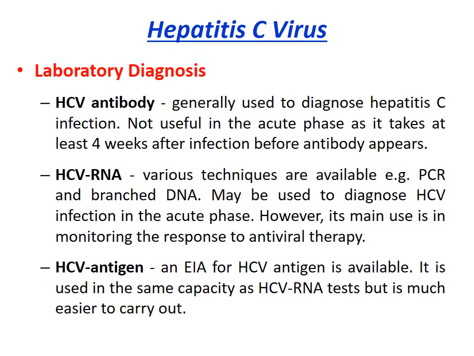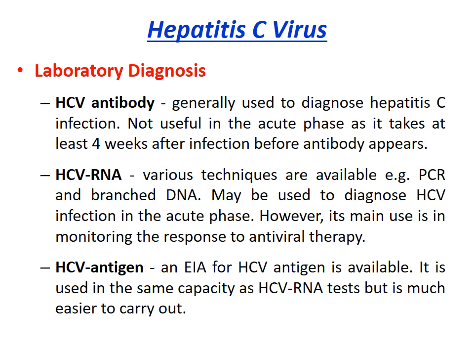Laboratory diagnosis. HCV antibodies are generally used to diagnose hepatitis C infection, but they are not useful in the acute phase as they take about 4 weeks to appear. That's why we can't use them for the acute phase. HCV RNA: various techniques are available for this, PCR and branched DNA, and it may be used to diagnose HCV infection in the acute phase.